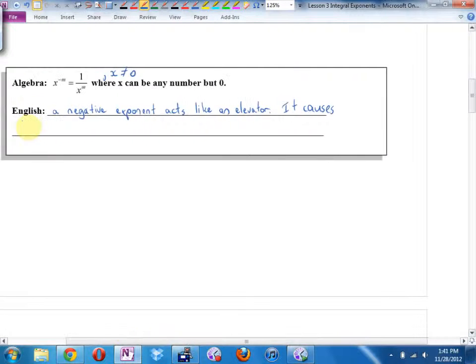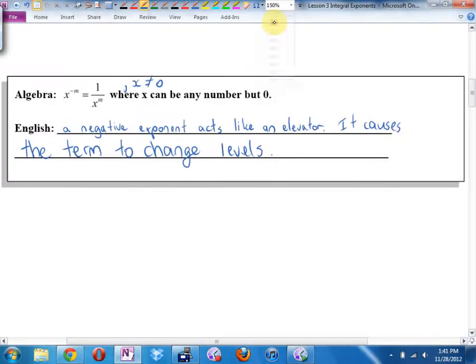It causes the term to change levels in the fraction. A negative exponent acts like an elevator, sort of. Causes the term to change levels.